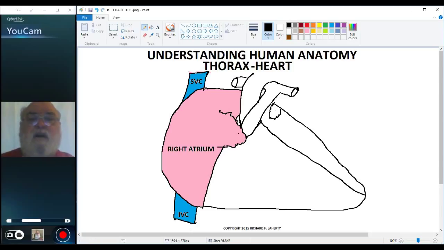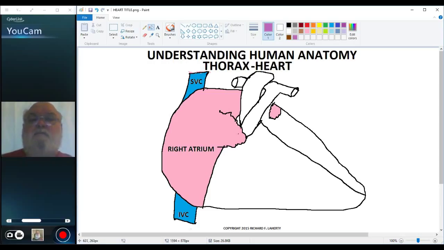And also on the aorta. So it's like so. And let me color in the auricle from the left atrium, also in pink.